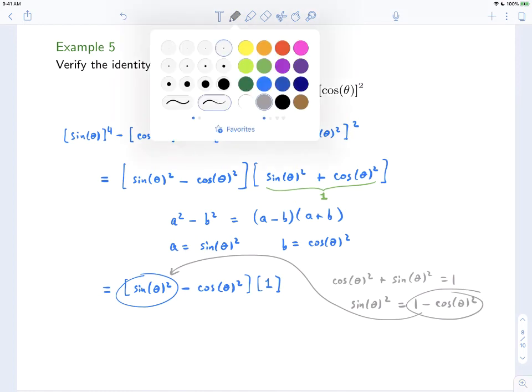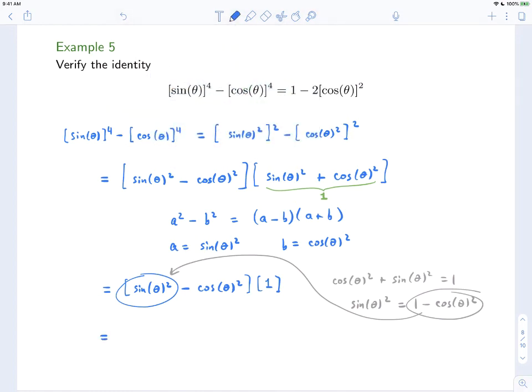So we're going to end up with 1 minus cosine theta squared minus cosine theta squared. And we're multiplying all that by 1, but that's just going to give us the expression itself. And now we notice that we have a 1 minus cosine theta squared minus another cosine theta squared.